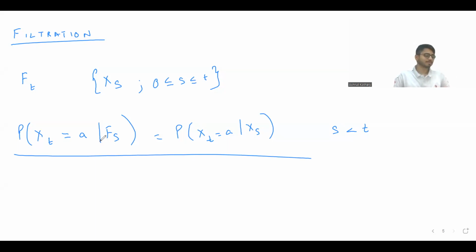Next, common examples of stochastic process. First one, white noise, W-H-I-T-E, white noise. Second, counting process.